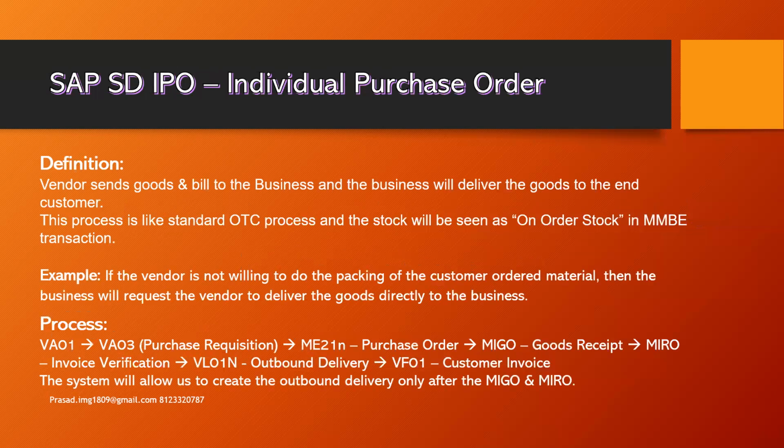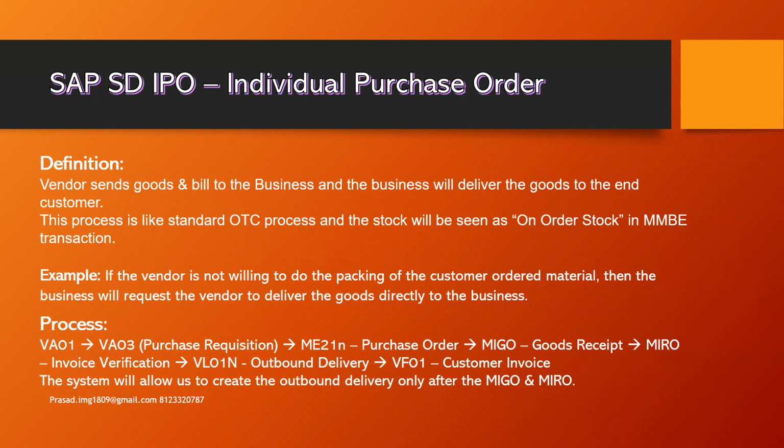Here the vendor sends goods and bills the business, and the business will in turn deliver the goods to the end customer. Why? Because, in one example, sometimes the vendors will not be in a position to pack the materials as per the customer's request.